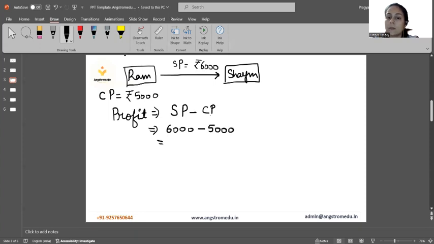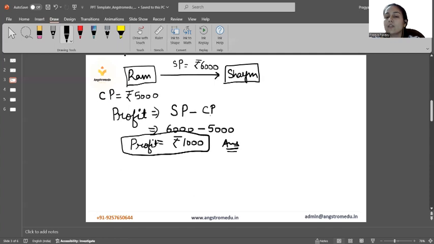It will be rupees 1,000. So 1,000 is the profit which he has gained from the transaction after selling the goods to Shyam at rupees 6,000.